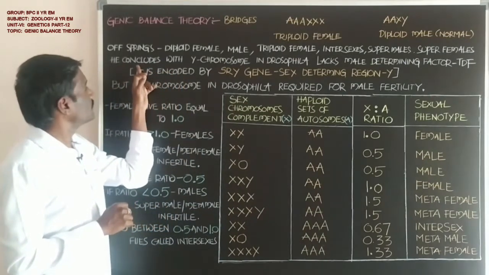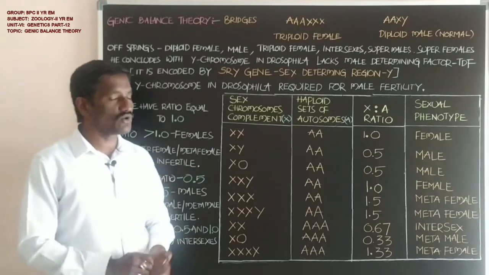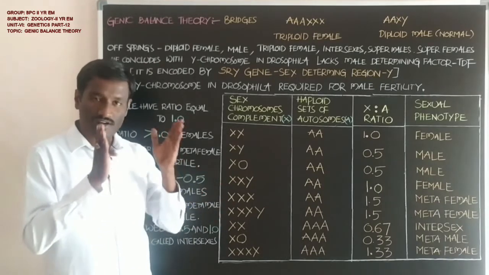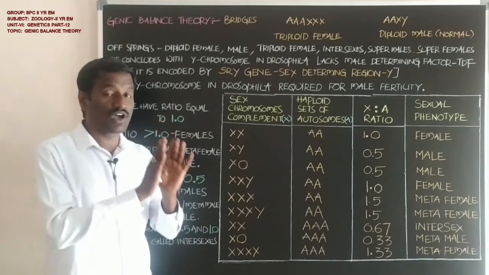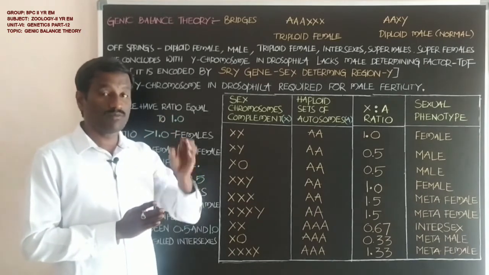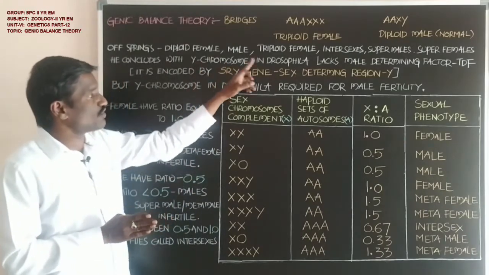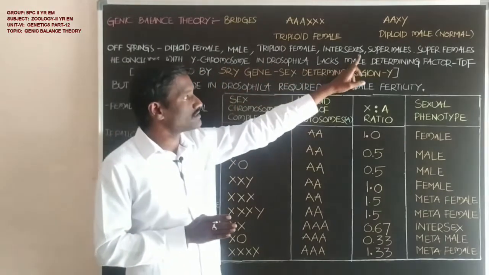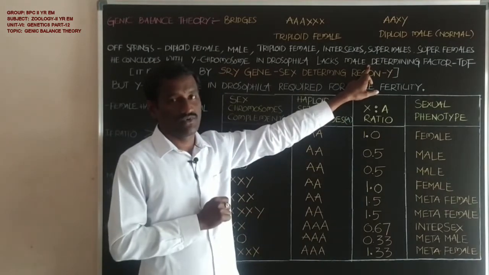Next, students, finally he concludes with the Y chromosome in Drosophila. What about the role of the Y chromosome? C.B. Bridges also explains that the Y chromosome in Drosophila lacks the male determining factor.